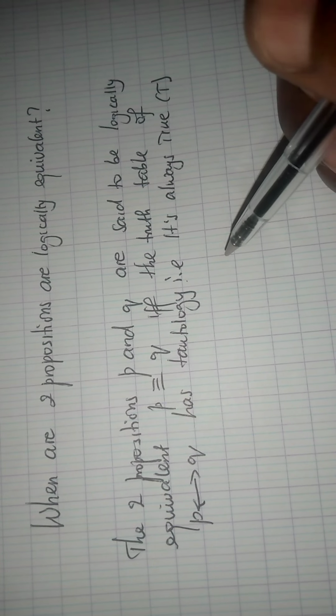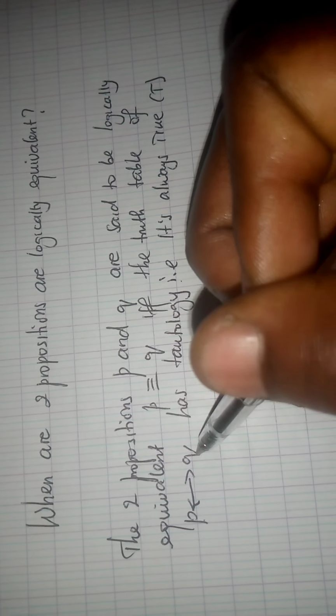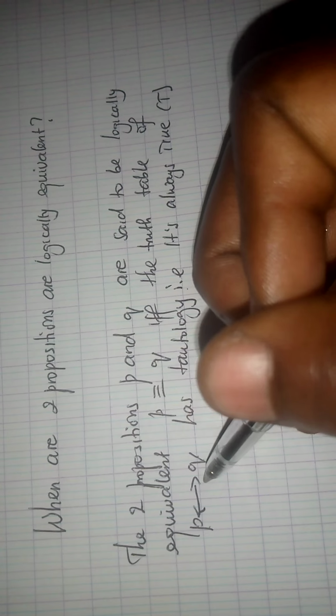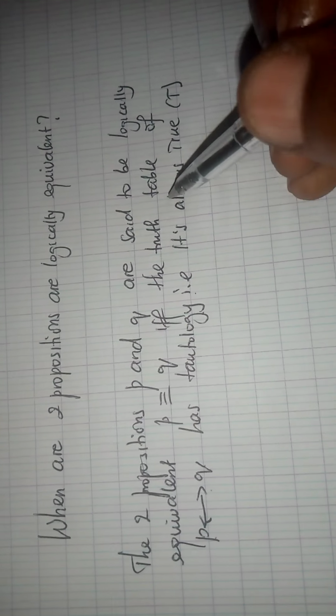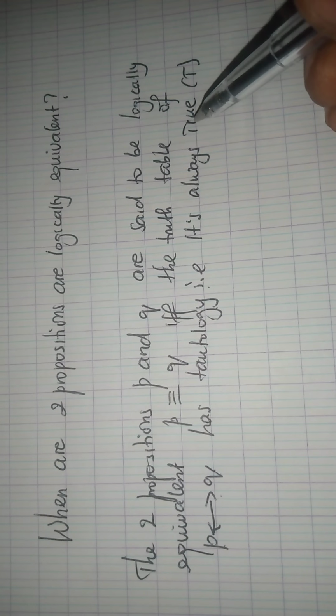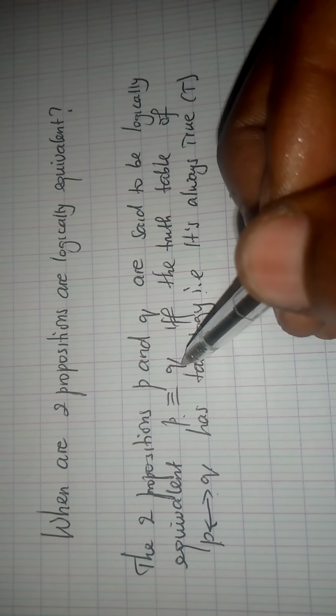So when we find that the bicondition of P and Q, if P then Q and vice versa, has a truth table which is a tautology, where it's always true, we'll conclude that the two propositions are logically equivalent.